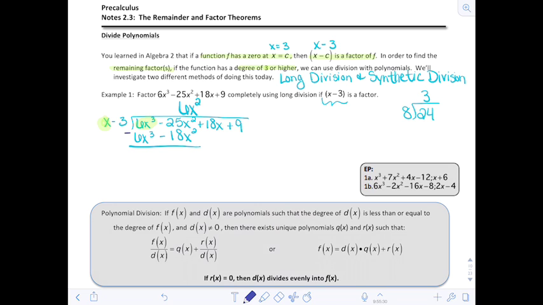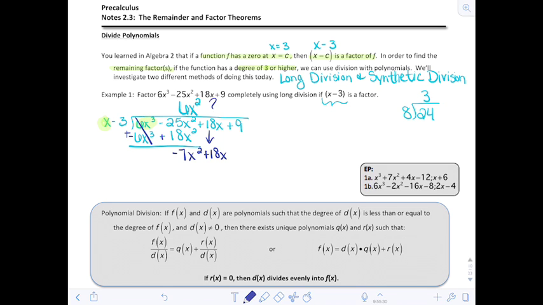One thing I like to do that works for me is I change this to addition of the opposite of each term. And now I just think about adding them. So 6x cubed plus a negative 6x cubed cancels, and that's exactly what we want to happen. A negative 25x squared plus 18x squared gives me a negative 7x squared, and then we bring down the next term. So then I add the 18x, and I go again, repeating that process.